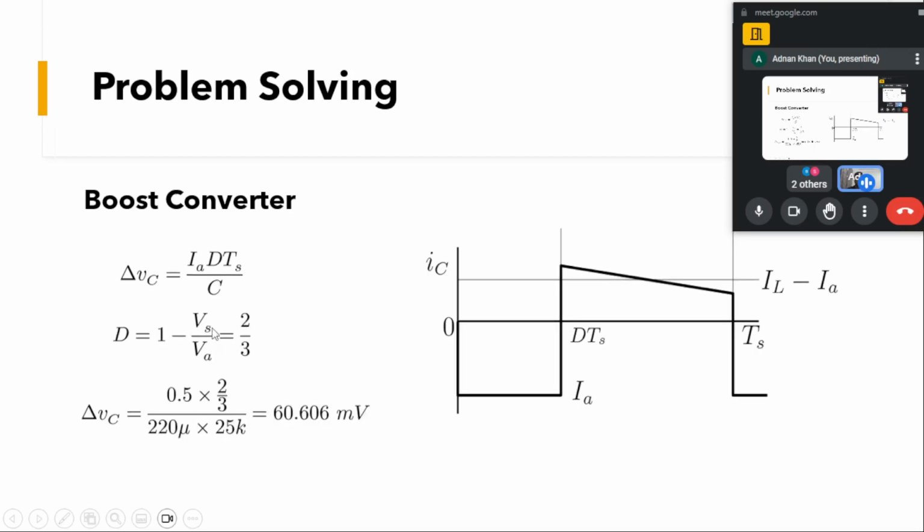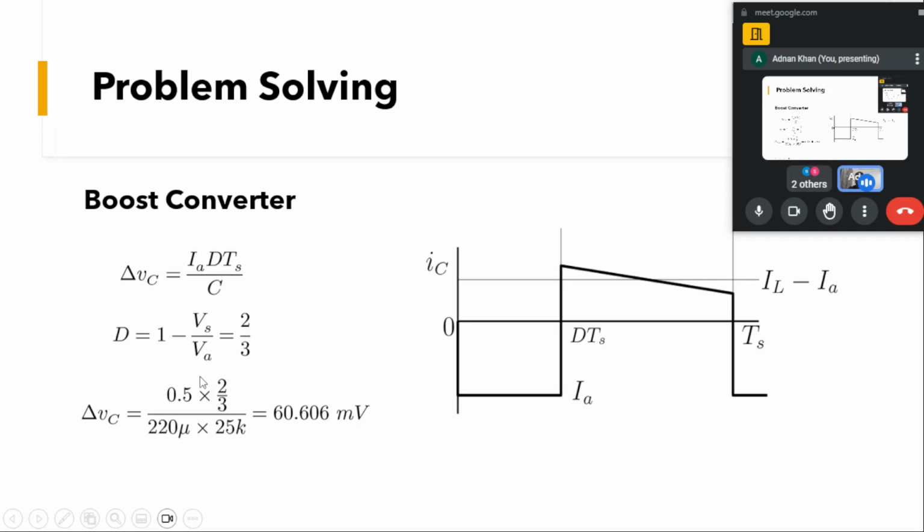After that, we substitute the values. Io, the average output current, is given as 0.5 amps. D is 2 by 3, calculated already.